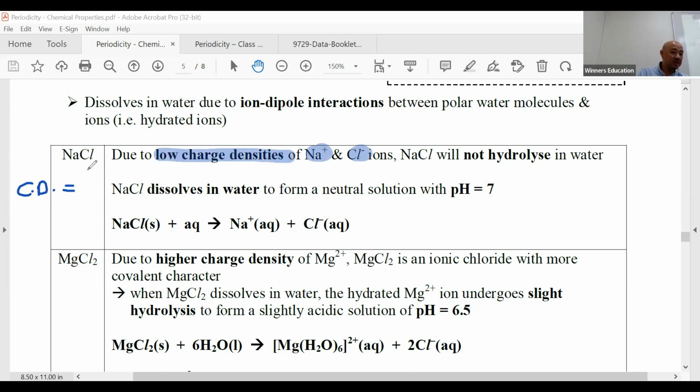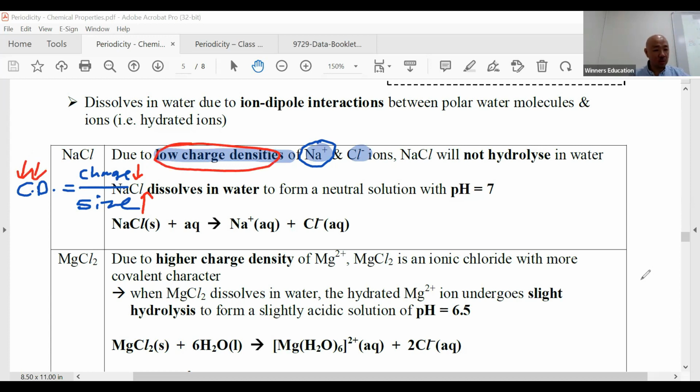Charge density is equal to charge over size. Let's compare the sodium ion versus the rest of the cations. The charge is quite small, 1+. The size is quite big compared to the other ions along period 3. So therefore, charge density is small. Bonding 101, energetics 101.